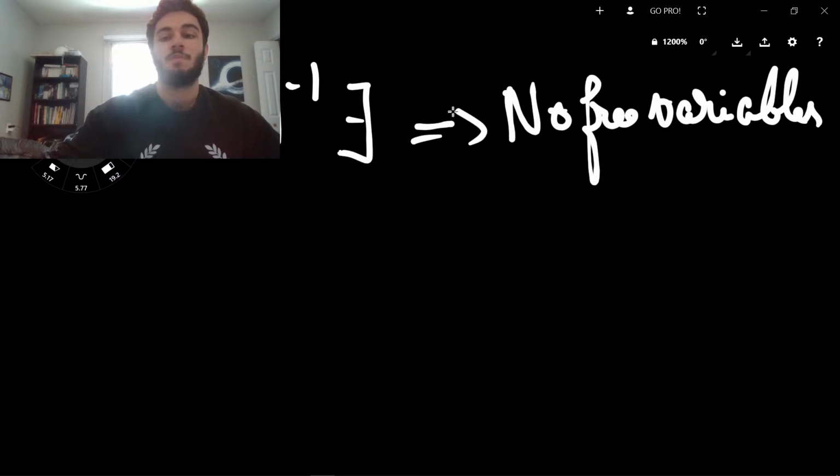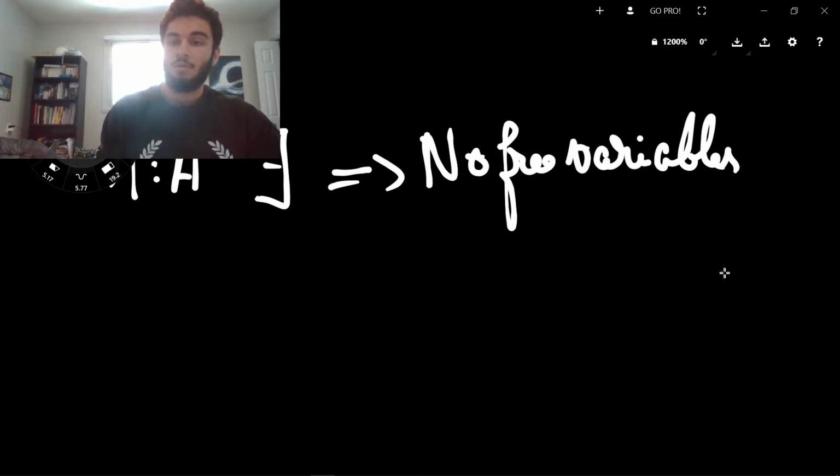Okay, so this means that if A is invertible, if A has an inverse, then we have no free variable.